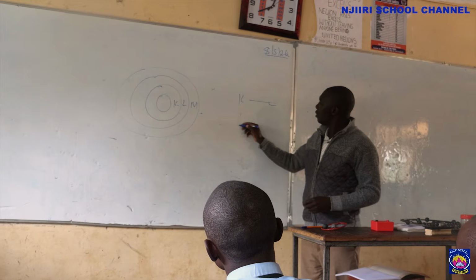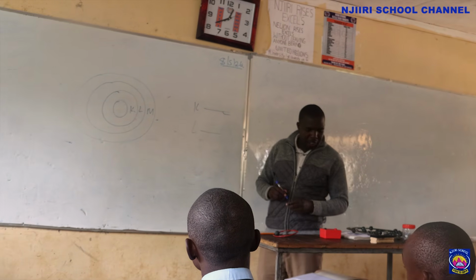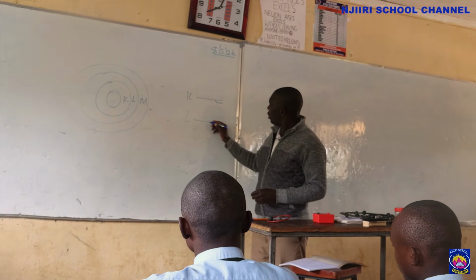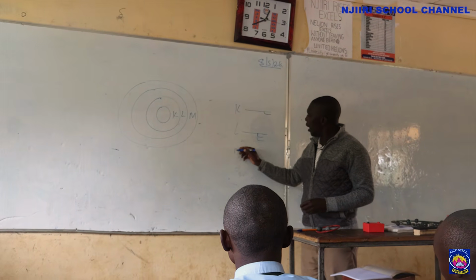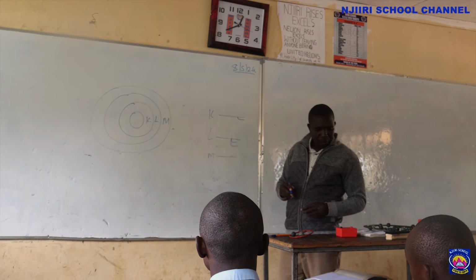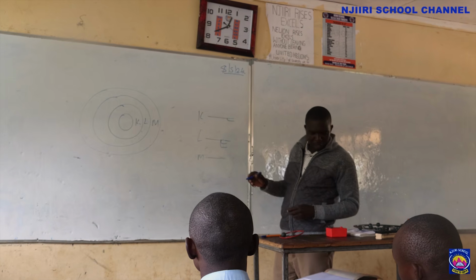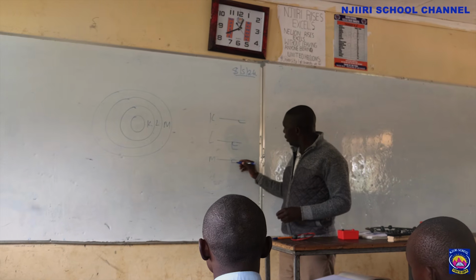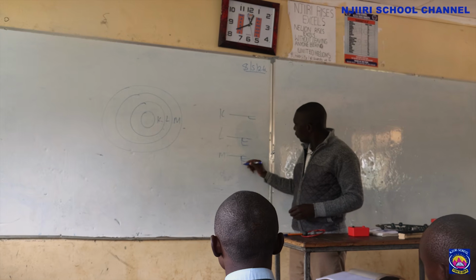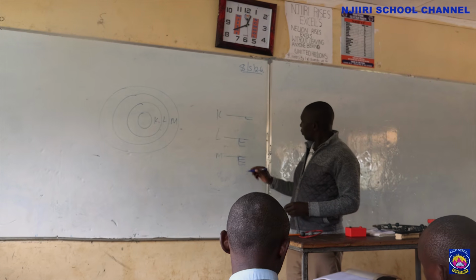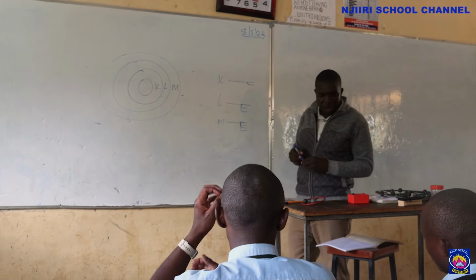Come to L. How many bands will it split into? Three. What about M? M will split into four bands. So that is what we have.